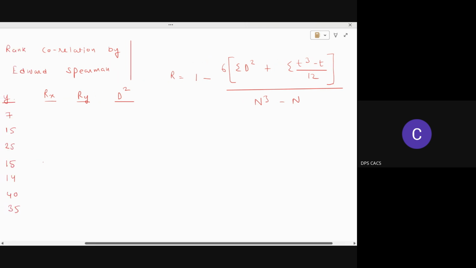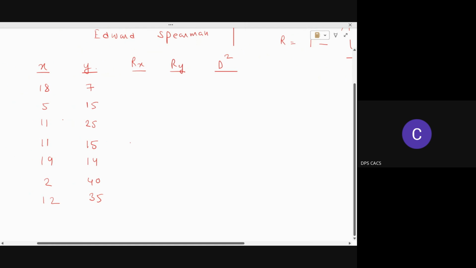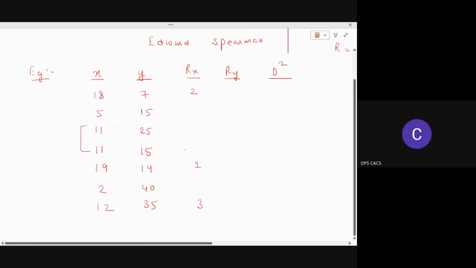Okay, now one by one we'll start. Let's start with ranking. In X column, I want to give rank, which is very simple. Highest value is 19, it should get rank number 1. Second highest value is 18, rank number 2. What is the third highest value? And now the fourth highest value is 11, there is a tie. So those who are doing it for the first time or have forgotten everything, what is my next rank?